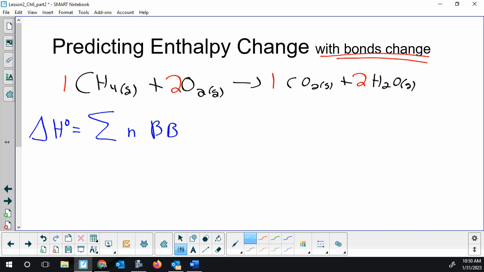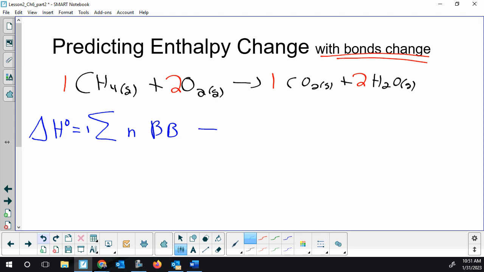Okay. Bonds broken require energy in, and that would be positive values. Okay. So that's why there's no sign in front, okay? This is our endothermic piece, the positive. We're going to subtract.